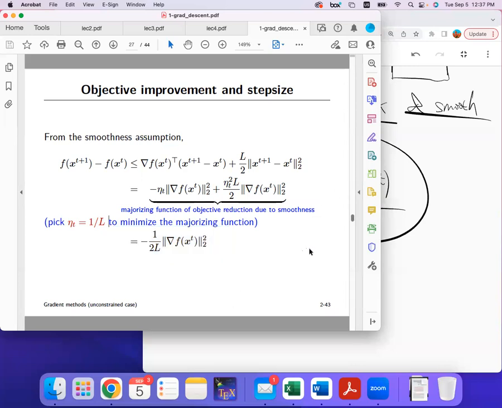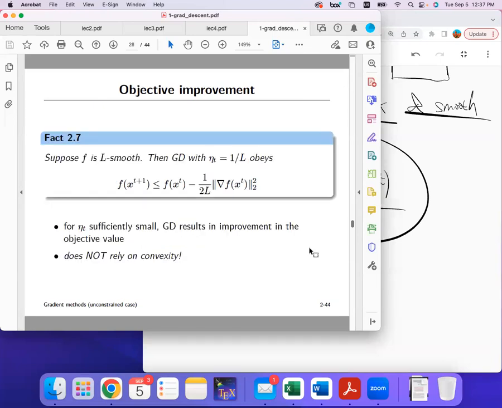Okay. This is a very interesting result. It can be summarized into the following result, right? If a function is L smooth, and suppose we apply gradient descent with such a step size, then we can show that the function value satisfies this inequality.